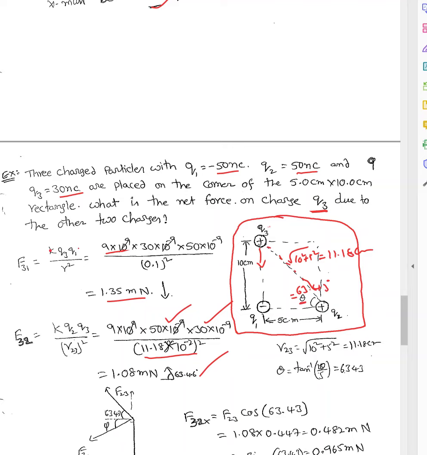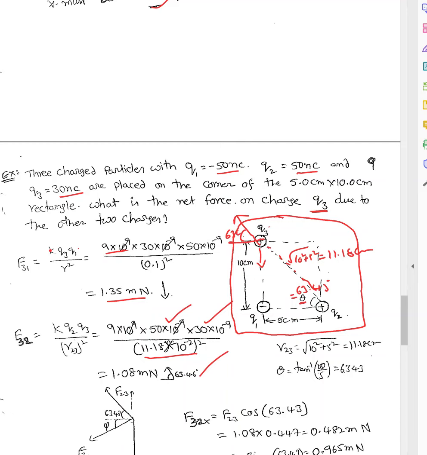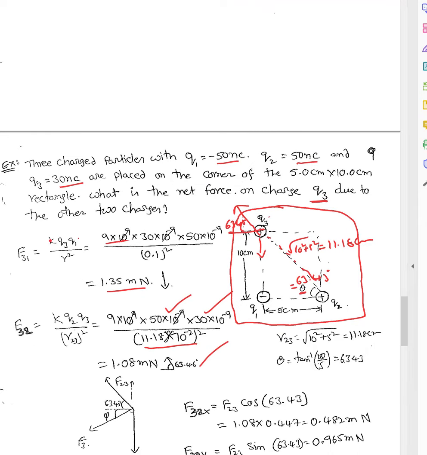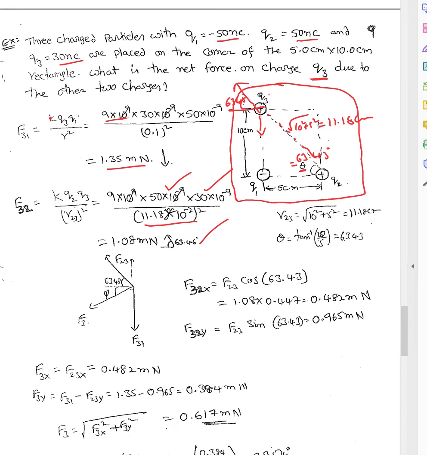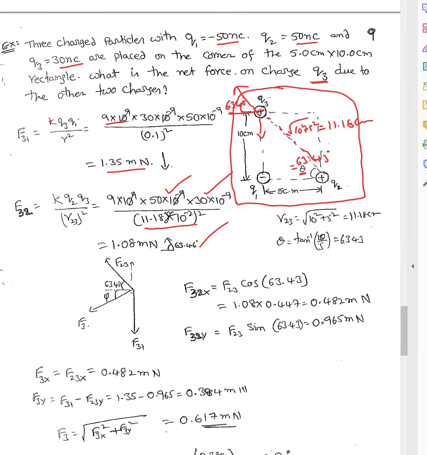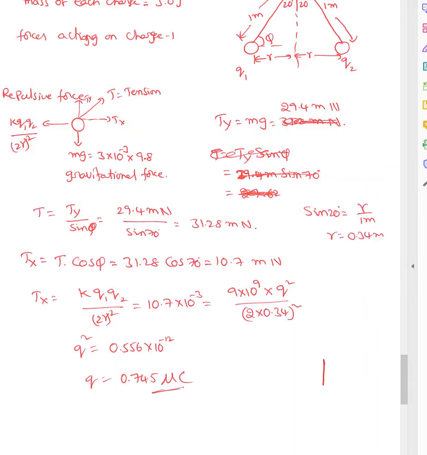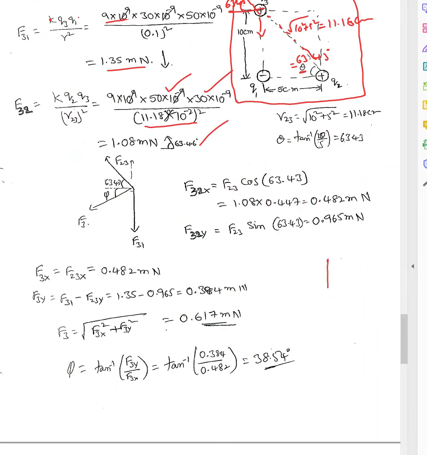Now, what is the direction of that force? Both of them are the same charges, so it's going to go straight in that direction, which is making a 63.43 degree angle. Our goal is finding the resultant force. One force is directly acting down, another force is acting at an angle.